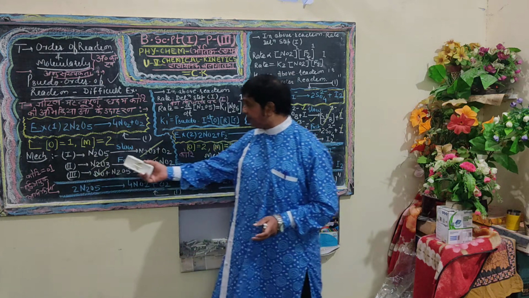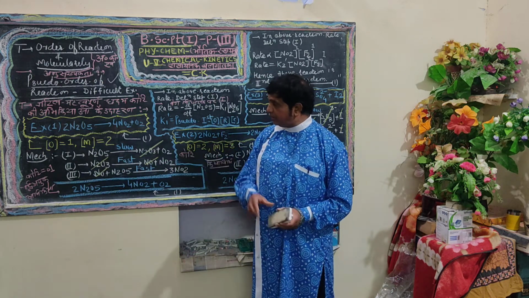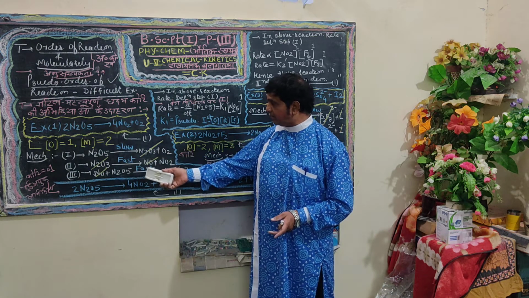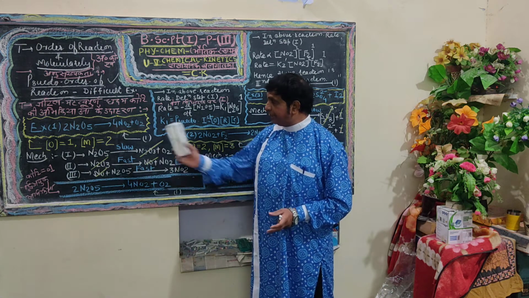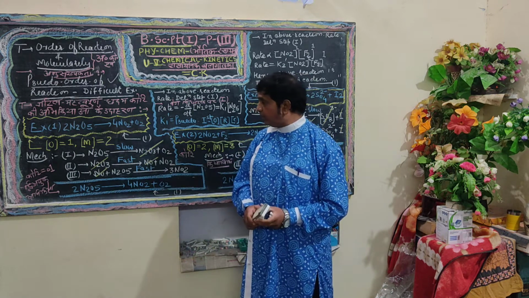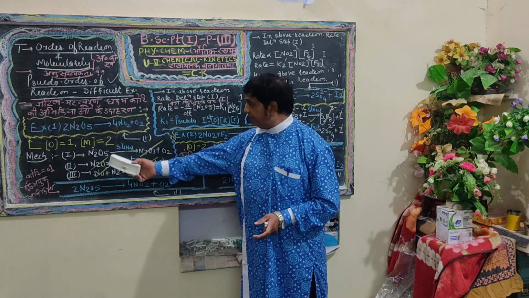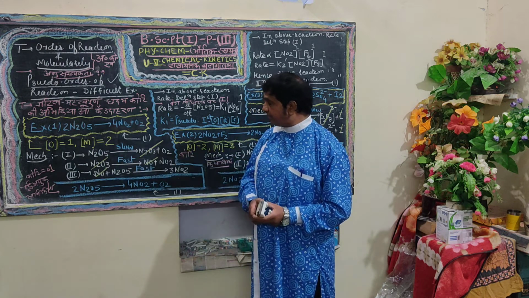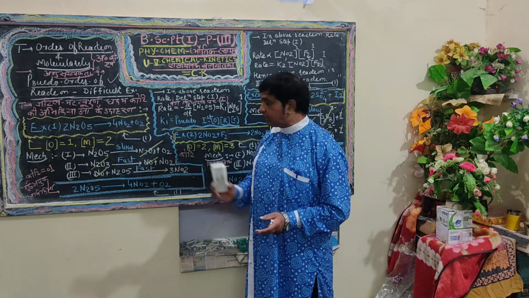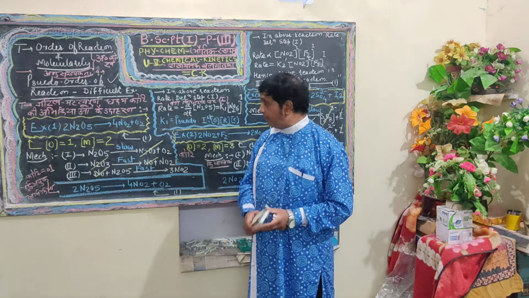The reaction mechanism undergoes 3 steps: first slow, second fast, third fast. In the slow step, N2O5 firstly decomposes to produce N2O3 plus 1 mole of O2.